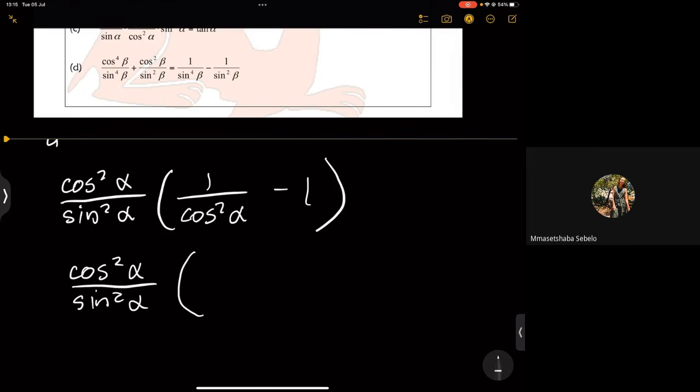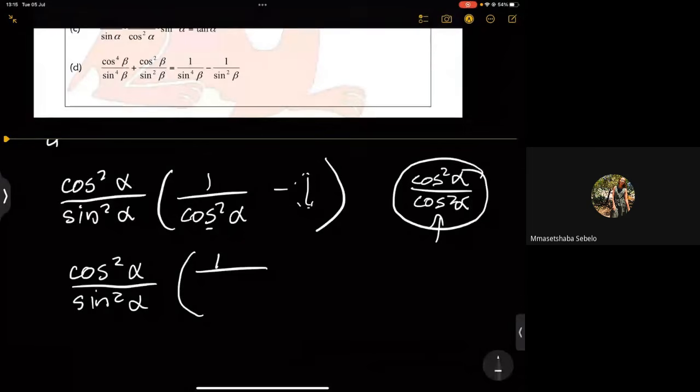When you've got a fraction, how can I write 1 in such a way that it's a fraction with cos squared of alpha? Do you agree with me that it's the same as having cos squared of alpha over cos squared of alpha? Do you agree with me that this is equal to 1?